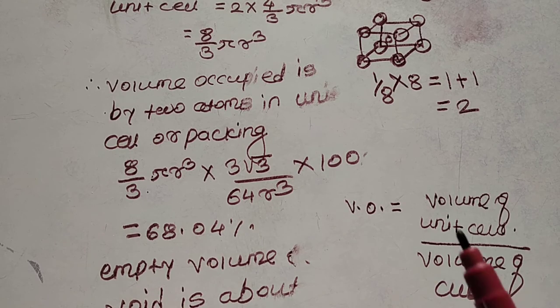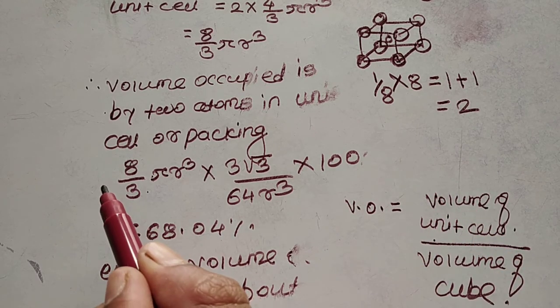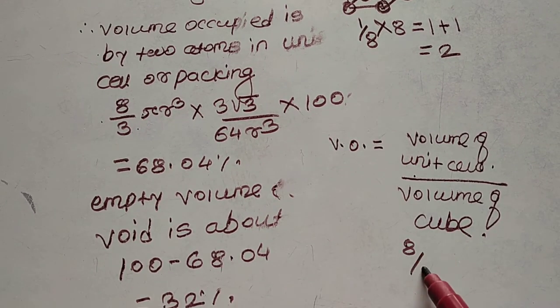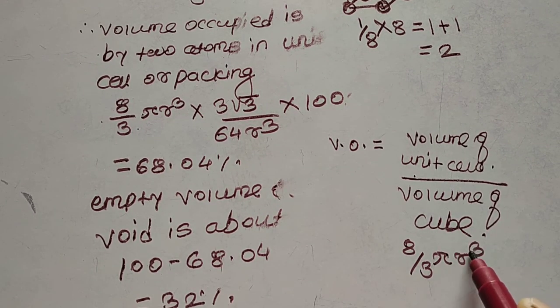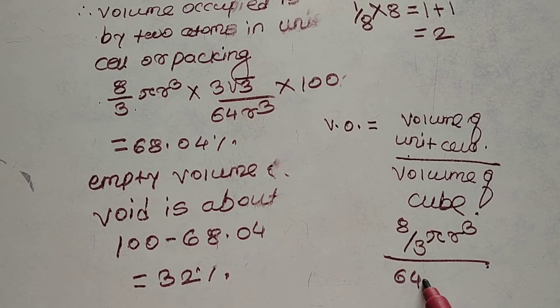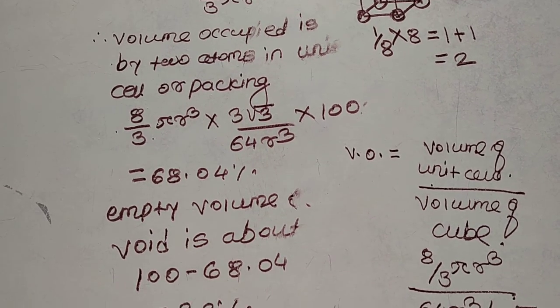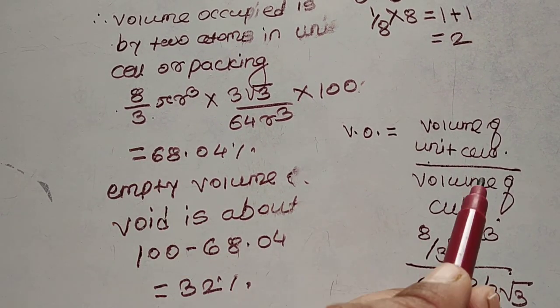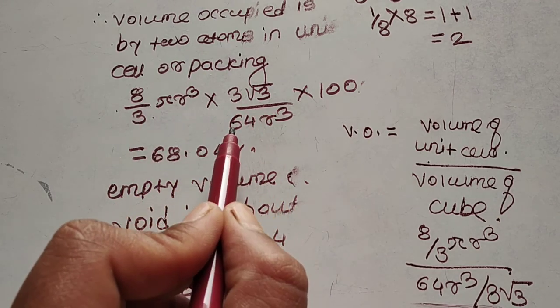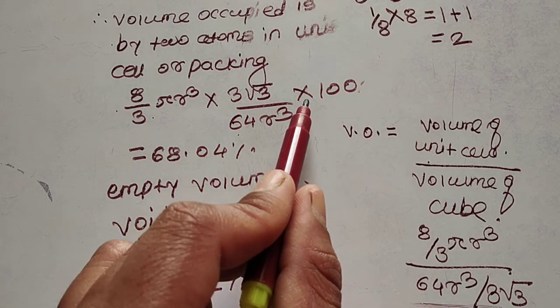You know that volume occupied is 8/3 pi r cube and volume of cube is 64 r cube divided by 3 root 3. So what will you get by this formulation? 8/3 pi r cube into 3 root 3 over 64 r cube, into 100.